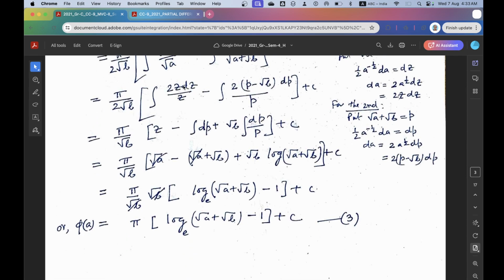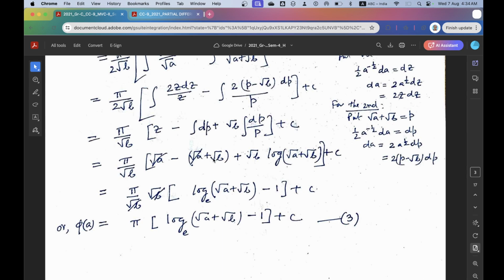After integration, taking 2 common, and this is the denominator 2, so cancel 2 from numerator and denominator. This integration dz gives z, and this integration p by p is 1, so integration dp minus square root of b and dp by p, plus c.